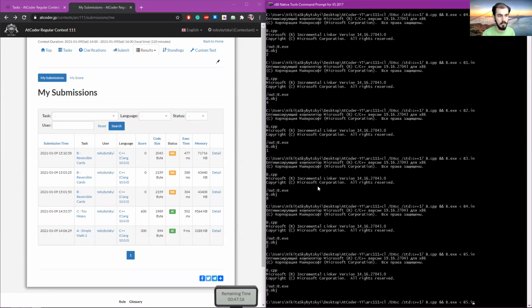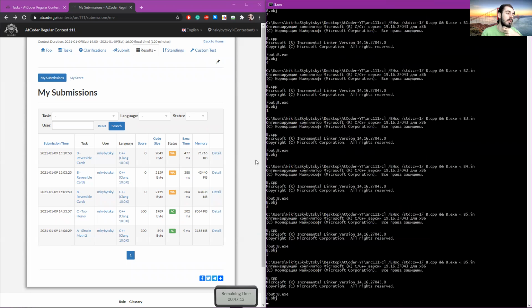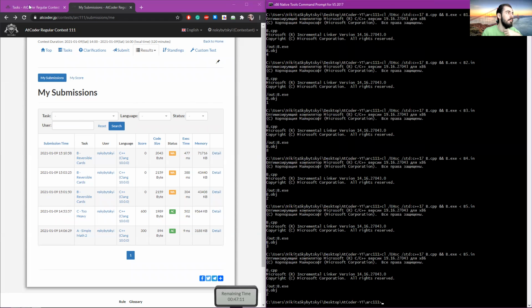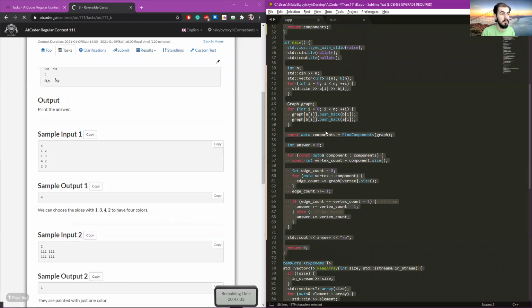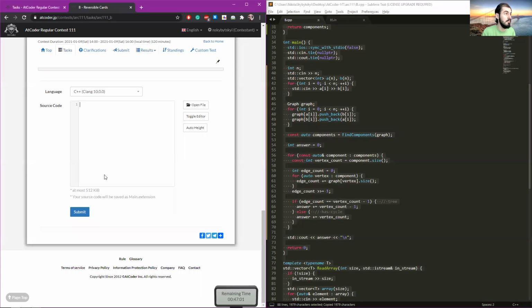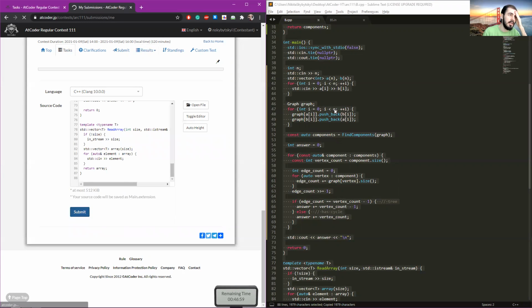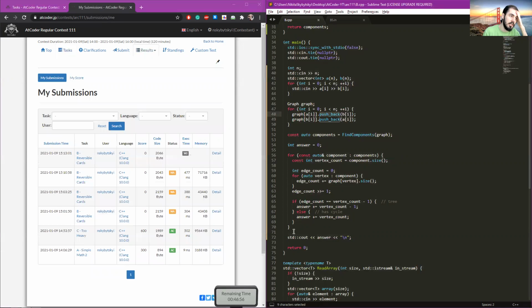We comment and now the answer is 2. Yeah, unfortunately, I made one more wrong submission because I fixed one thing and I thought it would fix the solution, but it didn't. But of course, yes, we duplicate every edge here, so edge count has to be divided by 2.